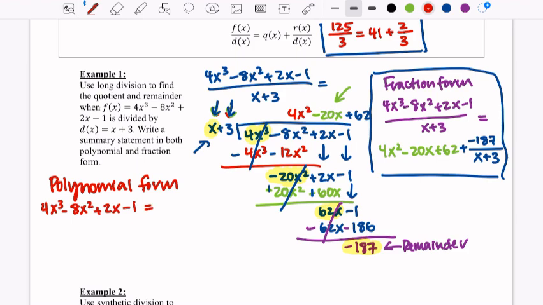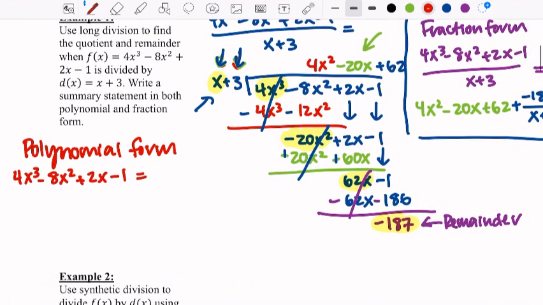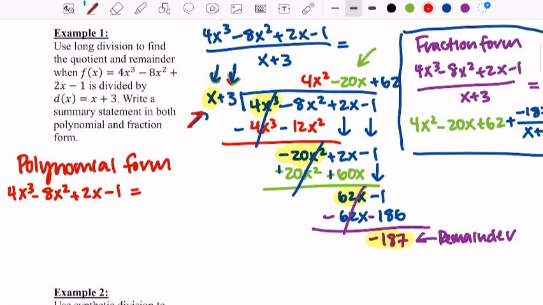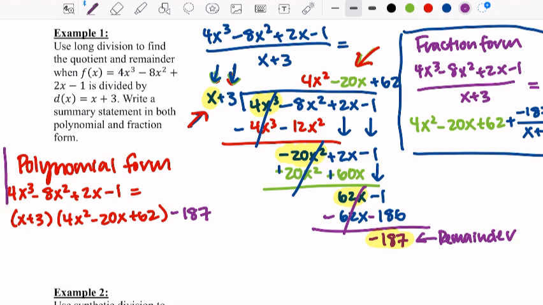And that is going to be equal to, running out of room, I did not do a very good job writing this, my divisor times my quotient, so x plus 3 times 4x squared minus 20x plus 62. And then we would need to go ahead and add on our remainder, so minus 187. And so that's our polynomial form.